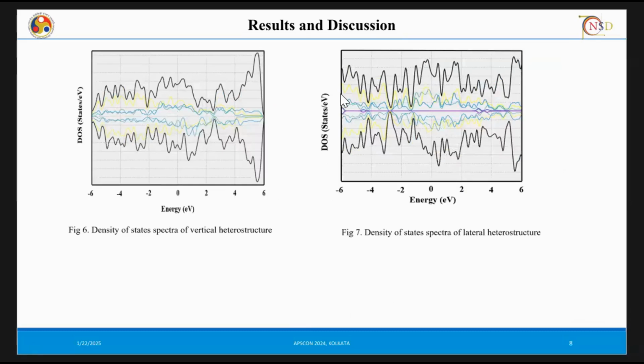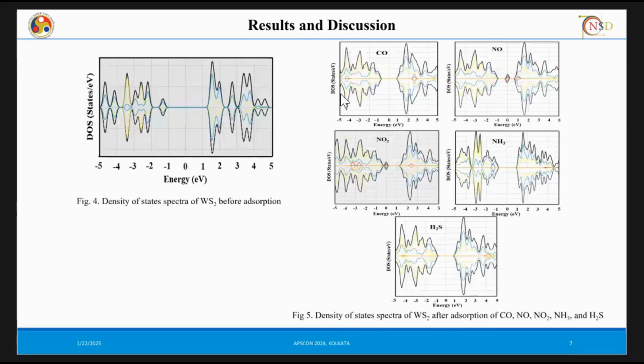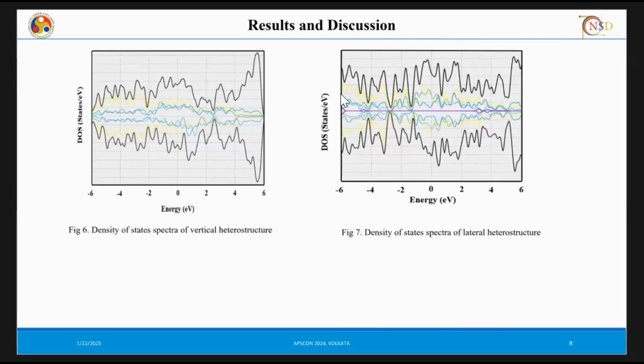Next, as I mentioned earlier, we tried vertical and lateral heterostructures. As we saw in the previous slide, WS2 is semiconducting in nature. But once we made the lateral and vertical heterostructure, this complete structure has no band gap, although both MoS2 and WS2 are semiconducting in their pristine form.